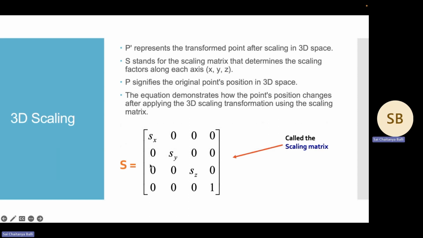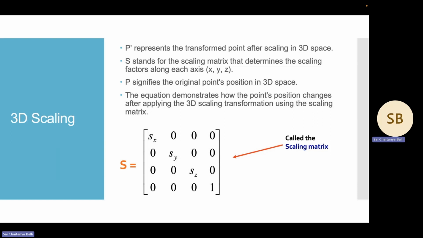And next, over here I've represented matrix S. It stands for the scaling matrix that determines the scaling factors along the x-axis, y-axis, and z-axis, which are defined by sx, sy, and sz. P dash represents the transformed point after the scaling in 3D space, and P signifies the original point's position in 3D space.